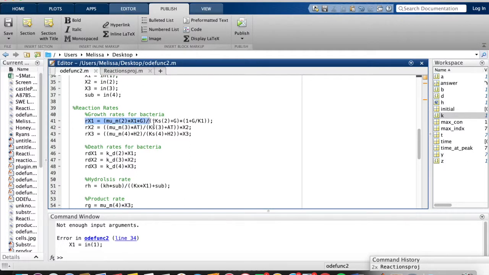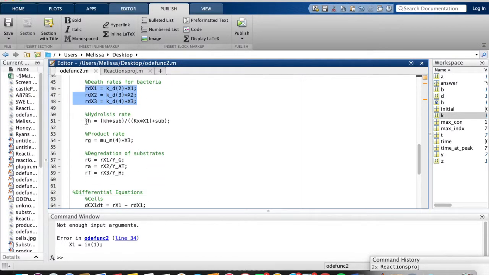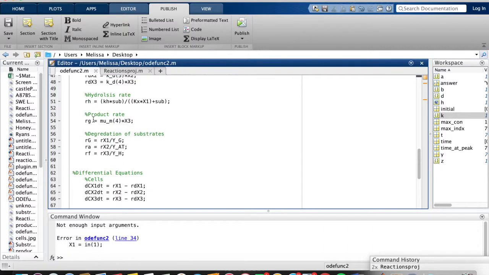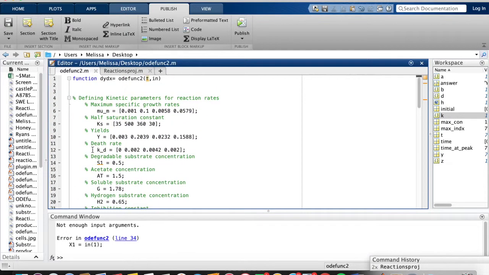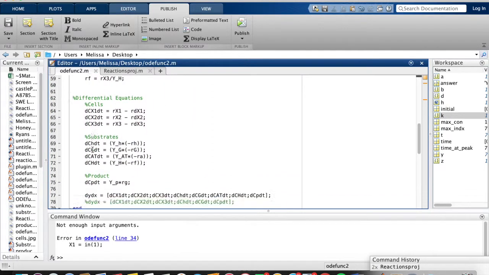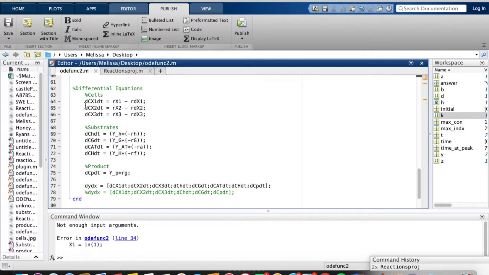So these are the growth rates of the bacteria, the death rates for the bacteria, hydrolysis, product rate, the degradation of substrates. And once the function has all those values, it goes down here, and has all the differential equations of the cells, the substrates, the product, and then puts them into a column matrix.